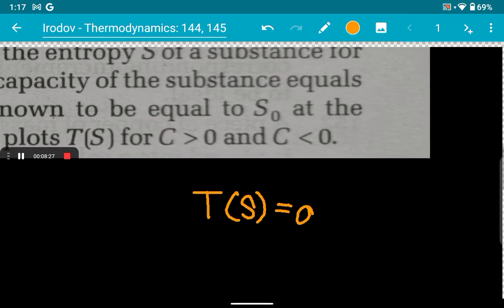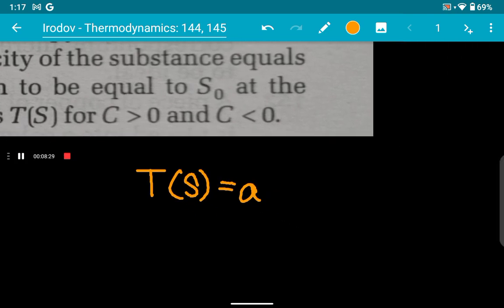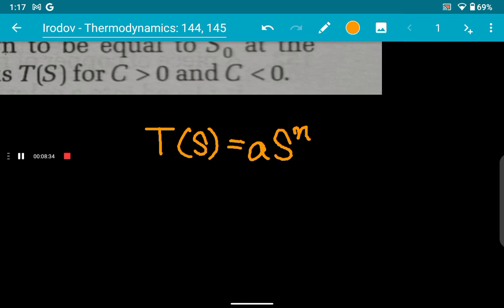Anyway, let's do it. What we have here is that they have given temperature as a function of entropy, and this is T = A S to the power n, where n is some constant, A is some constant. So let's write S as a function of T in the first step.